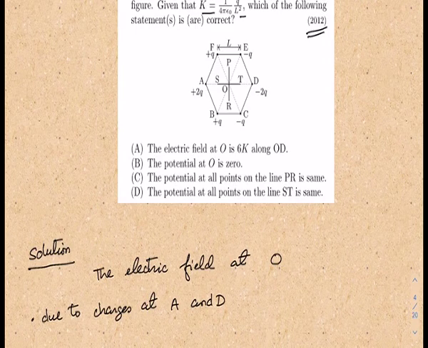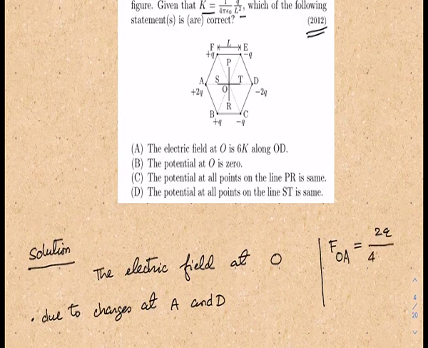At A, the charge is positive, so the force at O due to A would be, I'm writing the magnitude first, 2q divided by 4 pi epsilon 0, the distance is L. So it is 2q by 4 pi epsilon naught L square.